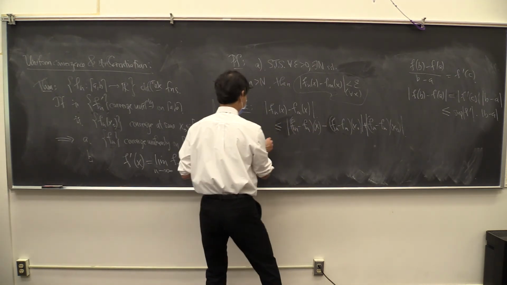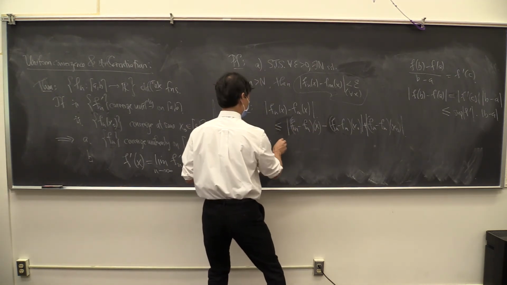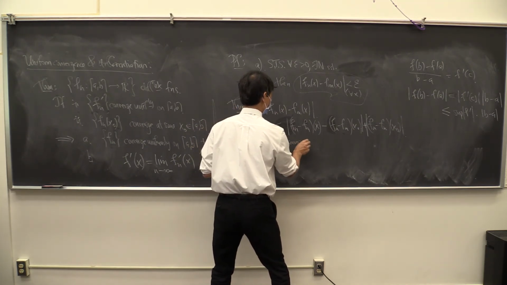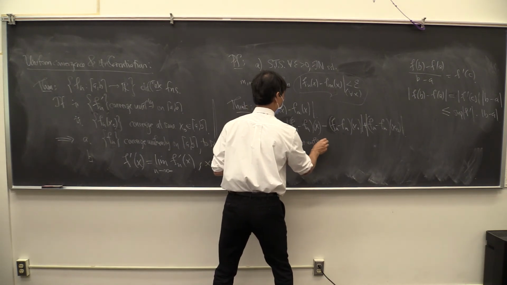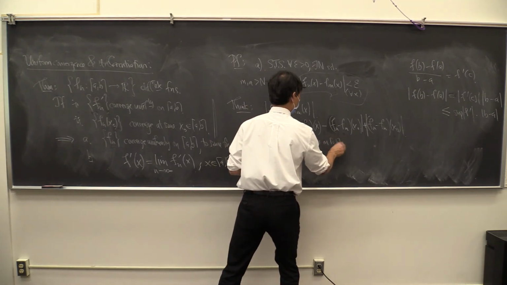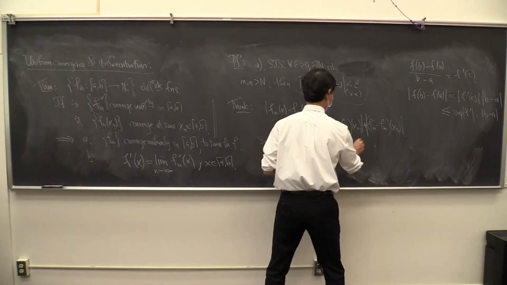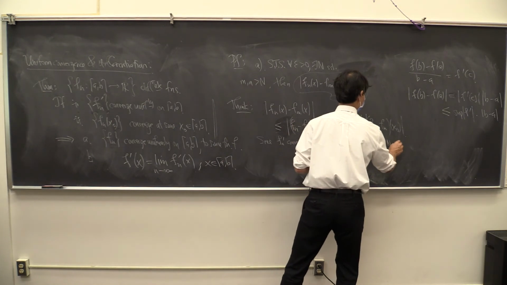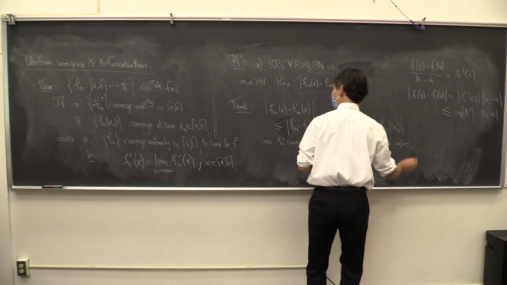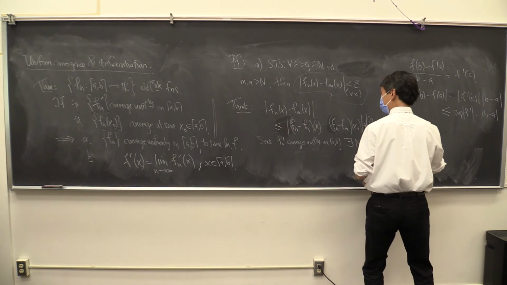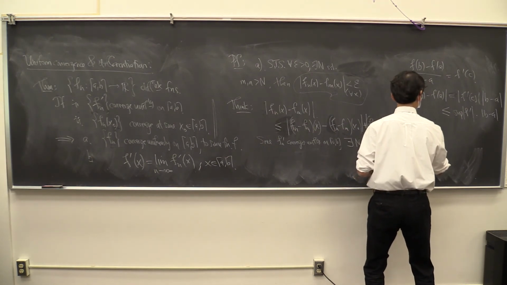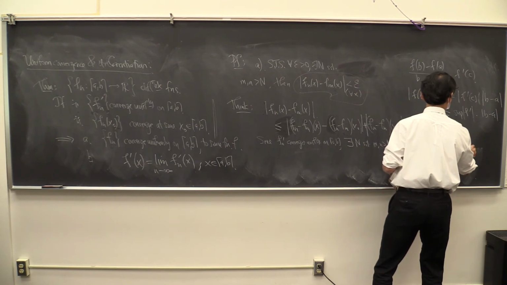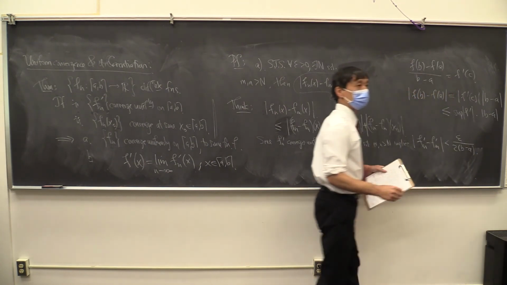You say, well, look, since Fn prime converges uniformly on AB, we know that there exists some n such that if you're past there, then the size of the difference of the derivatives is smaller than epsilon over 2(b minus a), say.